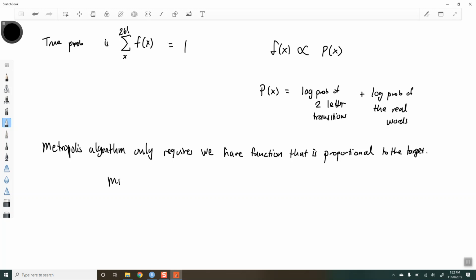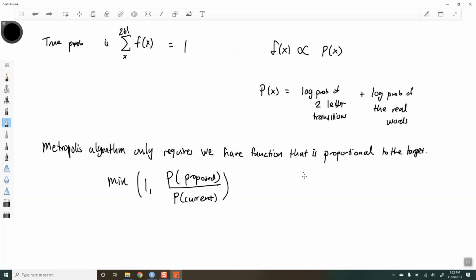And that's where we write min of 1 and the probability of the proposed divided by the probability of the current. And so if there were some mystery constant here, these cancel out, and we don't actually have to worry about those things.